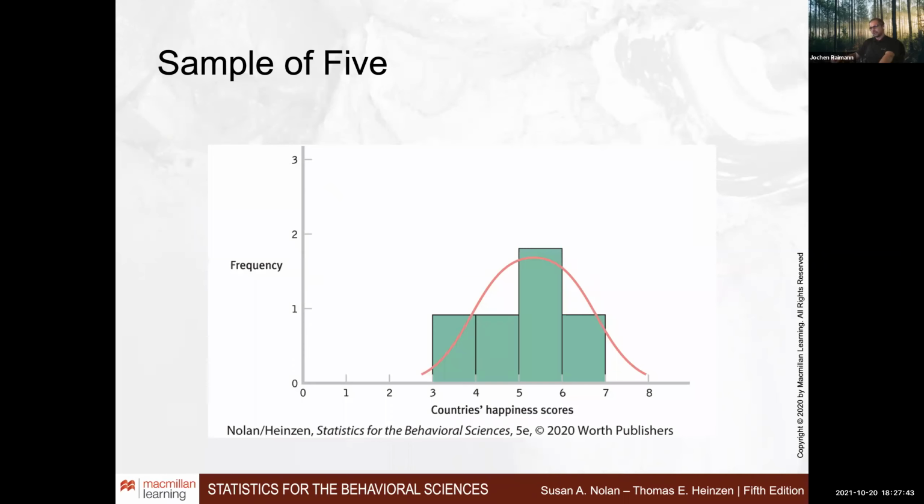And Nolan and Heinzen have actually done a pretty good job of showing this with data. We will now see 3 graphs with an increasing sample size. What we're seeing here is the so-called happiness score. You may remember that we saw a bubble graph in one of the earlier sessions, I think it was session 2, when we talked about visual displays.